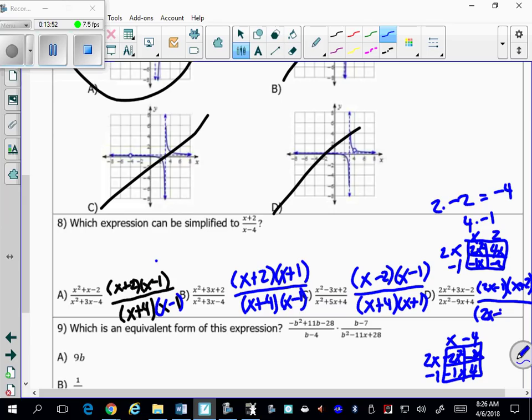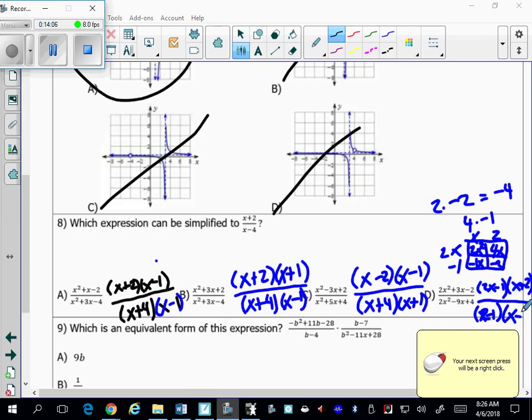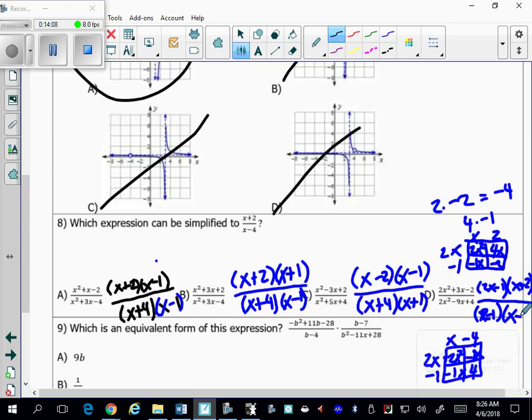Alright, let's look at what we got here. Let's see what we can cancel. We have x minus 1, so those can cancel, and then we have x plus 2, x plus 4, so that's not an answer.